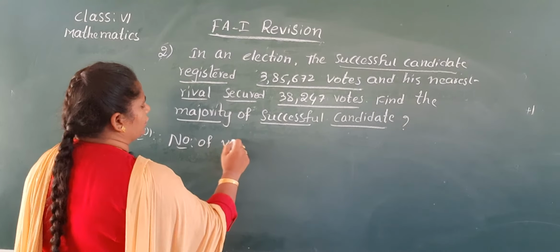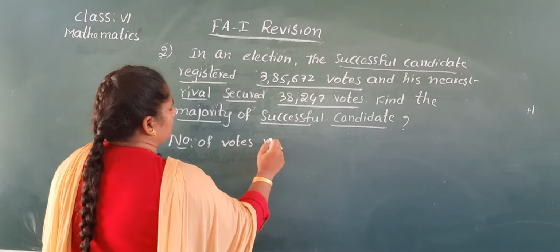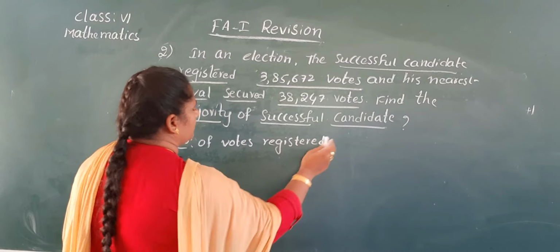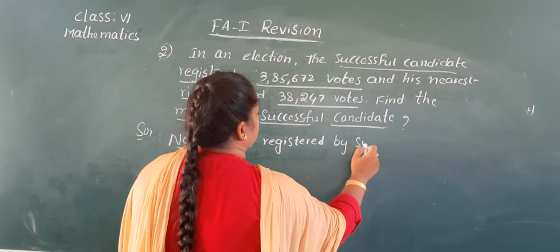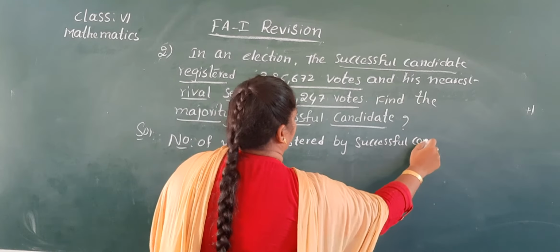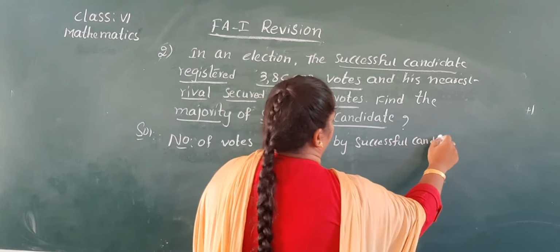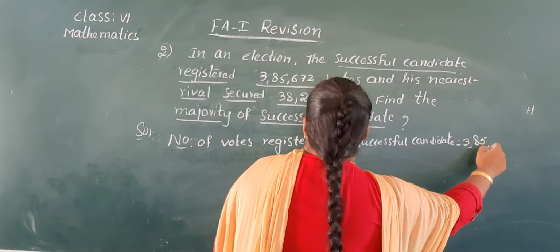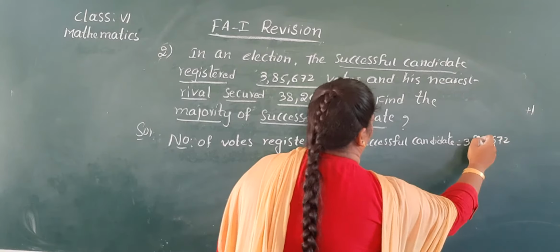Number of votes registered by successful candidate, 3,85,672. Okay?